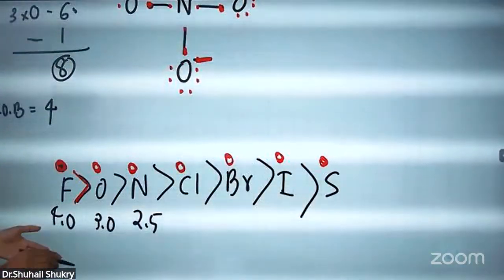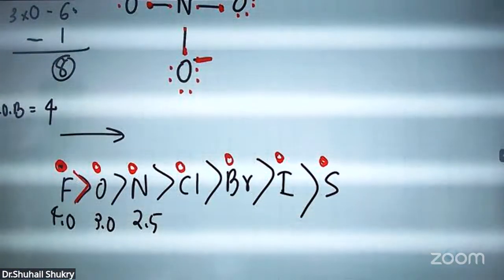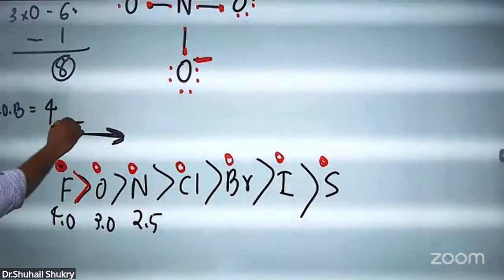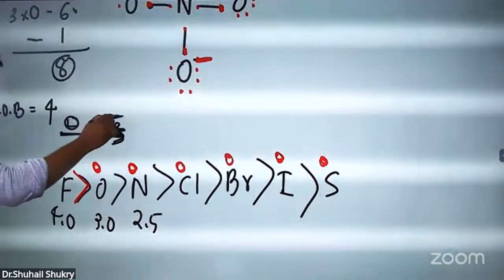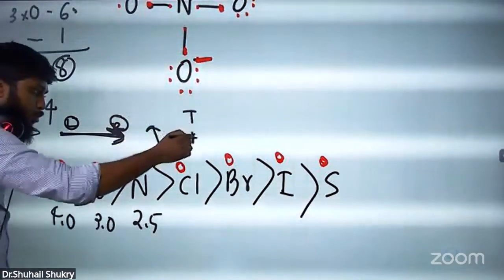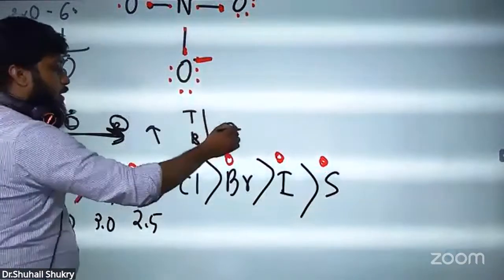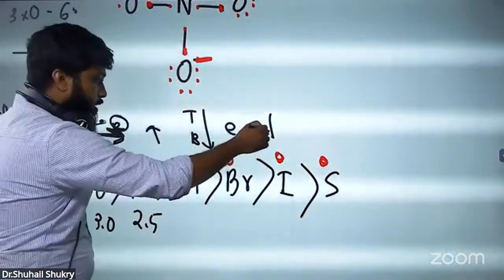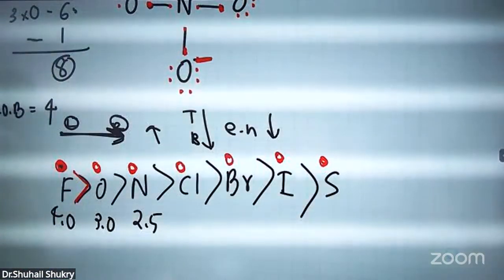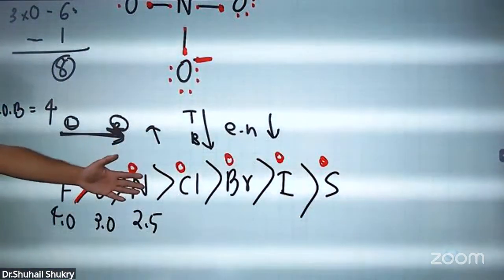Normally from left to right in a period, what will happen to electronegativity, increase or decrease? Left to right, electronegativity will increase. When you are coming from top to bottom, electronegativity will decrease. Left to right, electronegativity will increase.